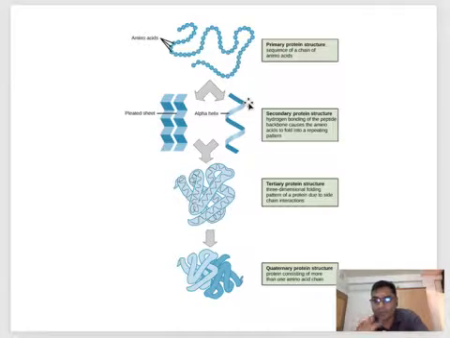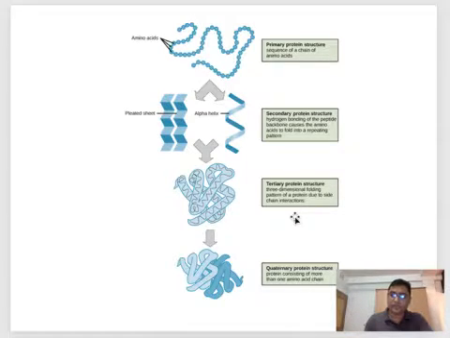We'll talk about this in detail later, and this becomes the secondary protein structure. Then within these secondary structures, some more interactions occur, and they get folded. This is one example, and it is called the tertiary protein structure.